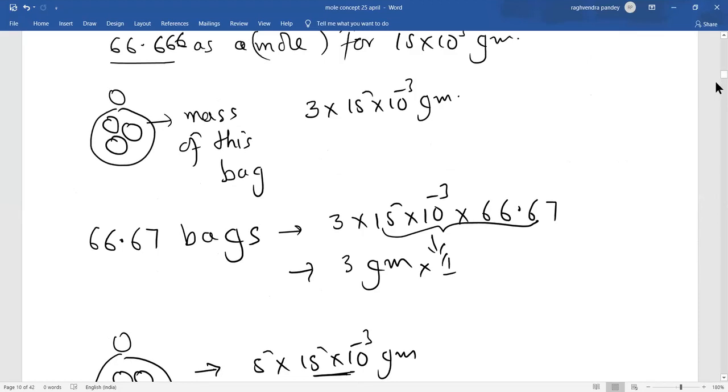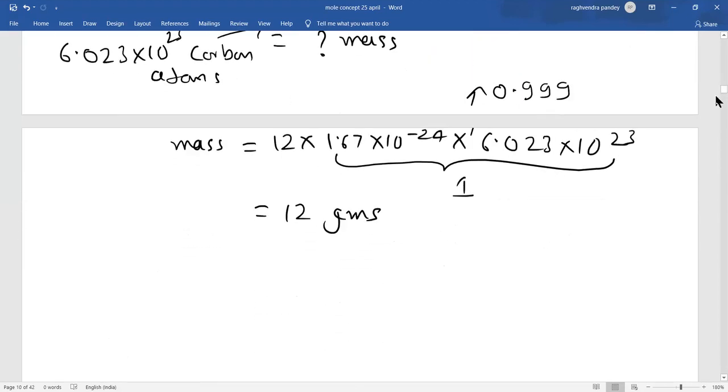This is the bag which contains 3 stones, so 3 into 15, and then we multiply 66.67, that is your Avogadro number for this mass, 15 into 10 power minus 3. So when I multiply, we are getting 1. Here also the same thing. When we are multiplying this number and this number, we are getting 1.